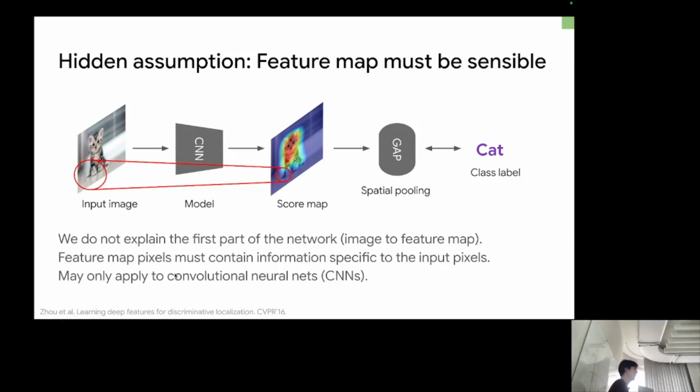So that's CAM. One crucial hidden assumption behind CAM is that each location in the feature map is a faithful representation of what the model is looking at. So when you take a look at the feature values here, the underlying assumption is that the values here are computed based on the corresponding location in the image. It also brings us back to the receptive field question. As I have told you, the receptive field of ResNet is huge simply because there are so many layers.